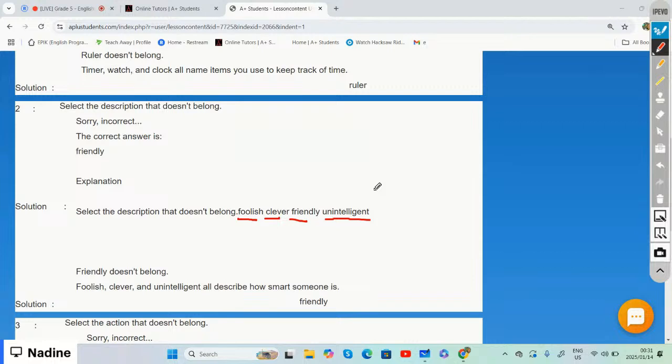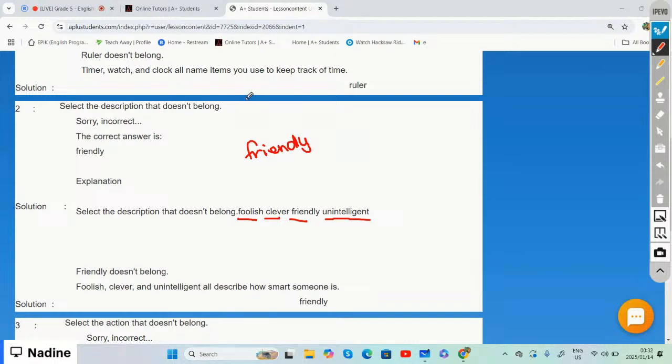And if we were to identify or select the description that doesn't belong, then yes, we can say friendly. Being friendly is not related to how smart someone is. Because being a friendly person does not mean you're clever, or being a friendly person does not mean that you're being foolish for being nice and friendly.